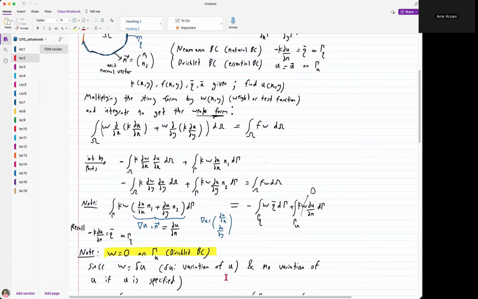These are functions with certain regularity, certain smoothness, certain mathematical properties. It's a huge space of all possible functions within those properties. And what I'm really interested in, in finite element, is to find the optimal solution, or the optimal function within that space of all possible functions, that best satisfies my equation.